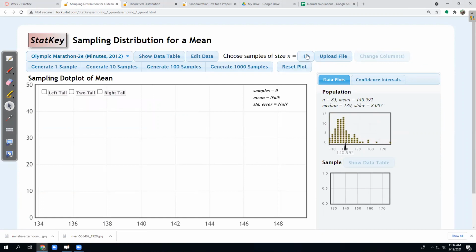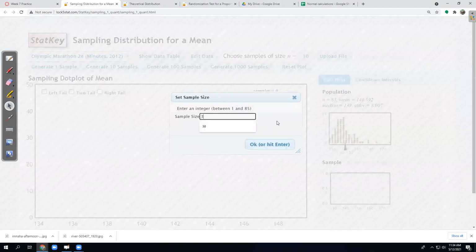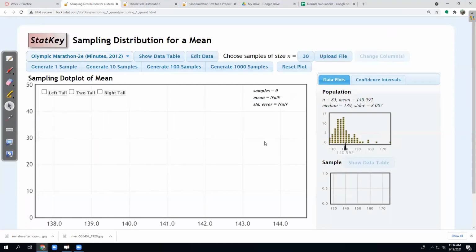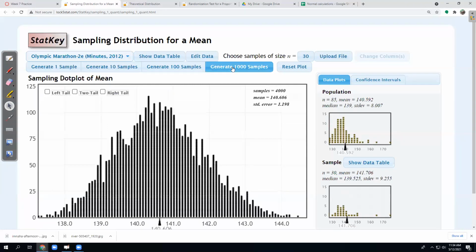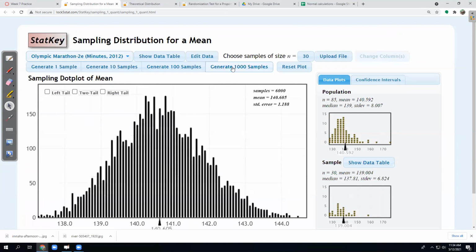I want to change the sample size to 30 to figure out what the standard error is going to be. That's for a sampling distribution. If we took samples of 30 over and over again, which we're going to do right here, this is basically applying the idea of the central limit theorem. I'll do 6,000.